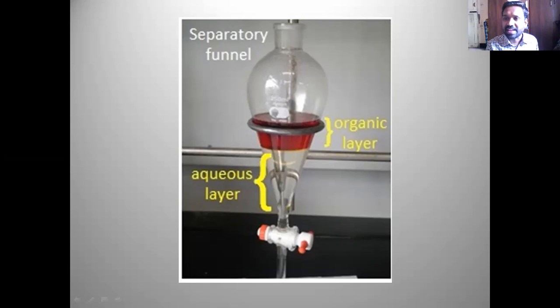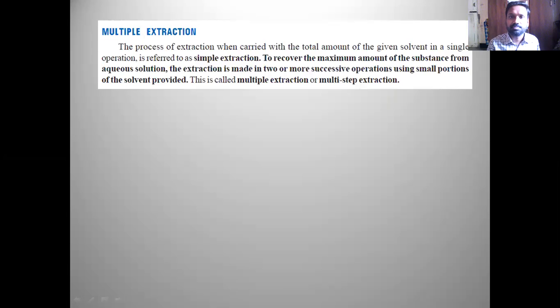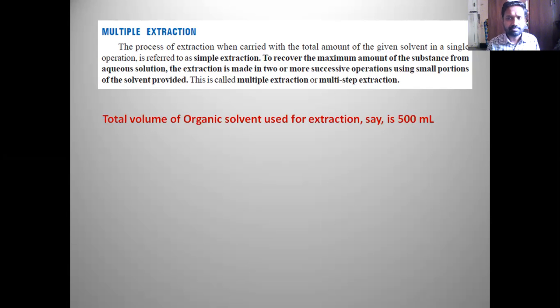This is how usually natural products are extracted from fruits, vegetables, or from animal sources. Now the point is this. I will give you an example. Now you are extracting a compound which is in water into an organic layer.